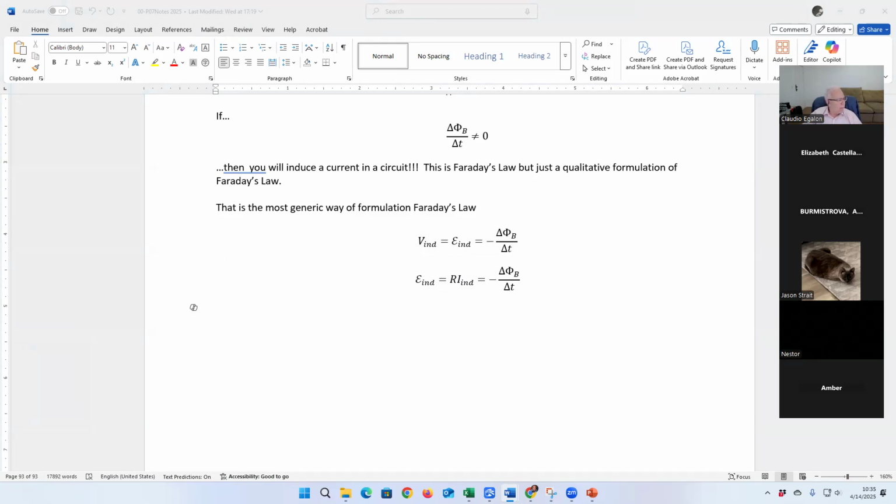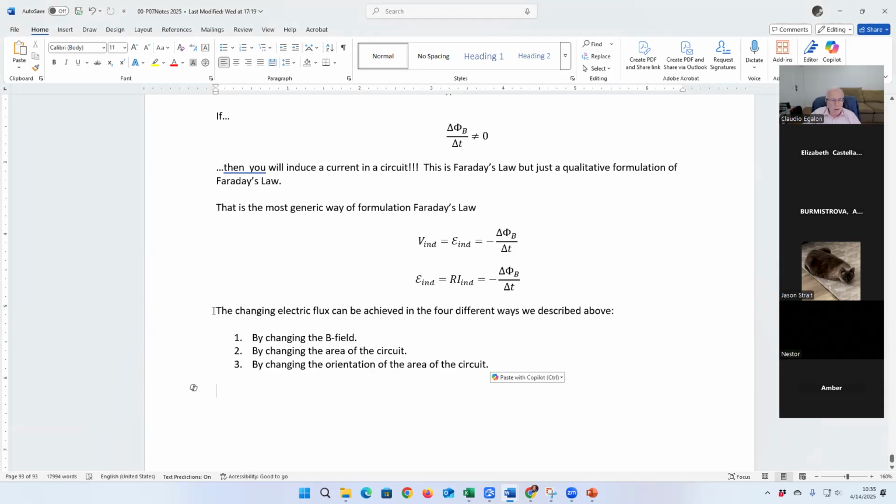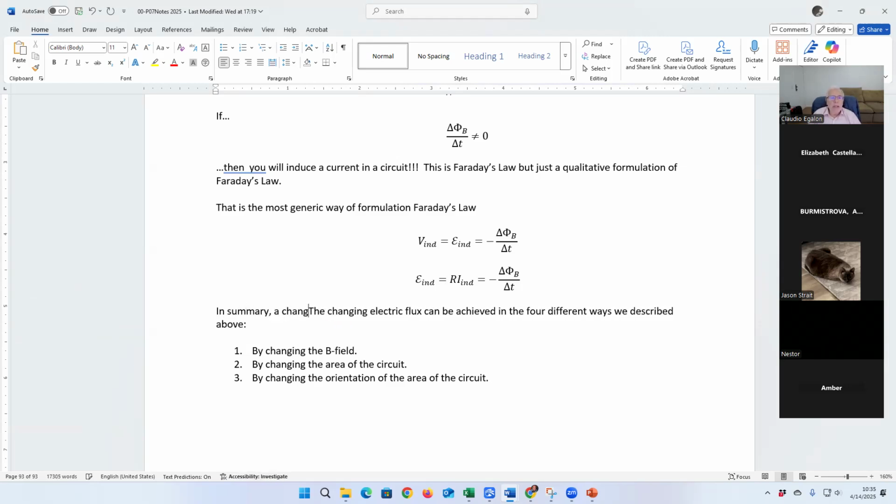So in summary, a changing magnetic flux through a circuit induces a current.